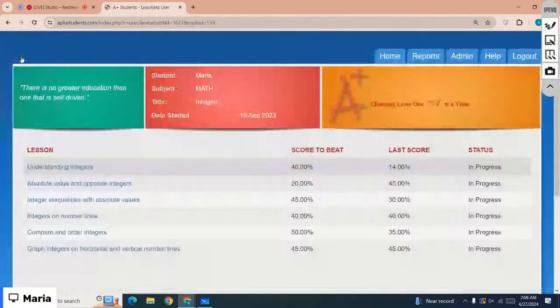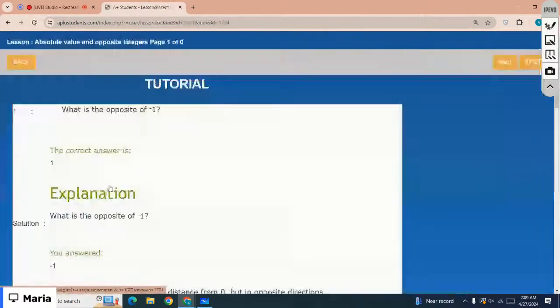Absolute value and opposite integers. Let's start with the lesson. What is the opposite of negative 1? So what are opposite numbers? Opposite numbers are the same distance from 0 but in the opposite direction, right?